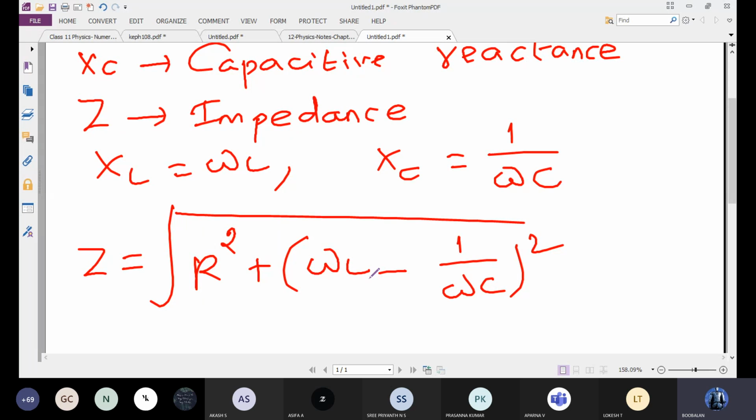That root is equal to Z, that means impedance. Resistance, capacitance and inductance combined together offer one opposing resistance value. That is the Z.